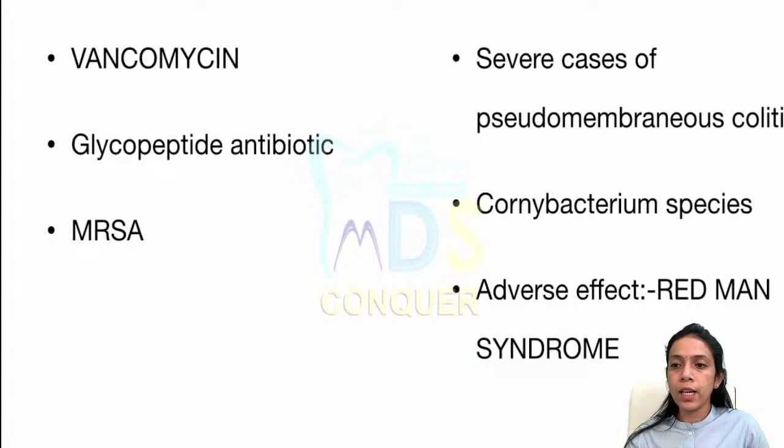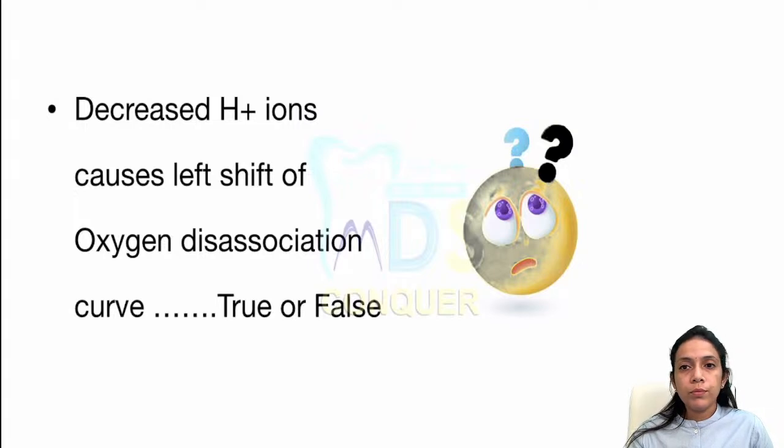Wow, very good, Dr. Saiti. It is the anthracyclines like doxorubicin. It is an anti-cancer antibiotic. So doxorubicin causes radiation recall reaction, and red man syndrome is caused by vancomycin. Now next, a very important respiratory system question.